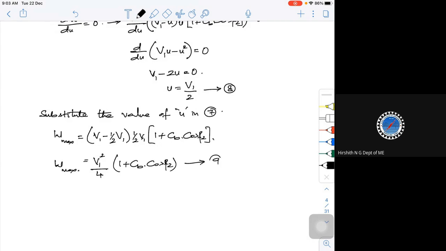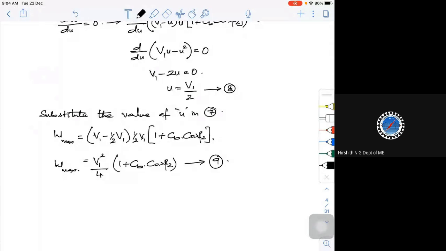Now under this condition, suppose my CB is equal to 1 and beta 2 is equal to 90, some condition. If beta 2 is equal to 90, cos 90 is 0. In that case, it will be only V1 square by 4. So for different conditions, I can substitute and get the value for your W max.